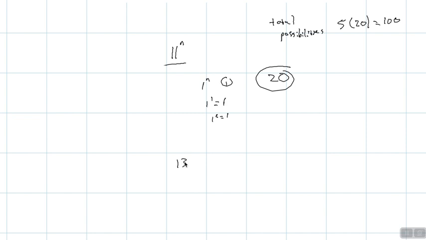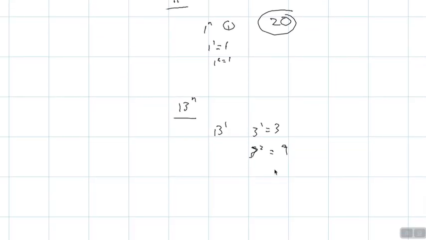Now looking at 13 to the n. So here, we're looking at the 3. So 13 to the 1 will have the same units digit as 3 to the 1, which is 3. And 13 to the 2 will have the same units digit as 3 to the 2, which is 9. And we can see the pattern here.